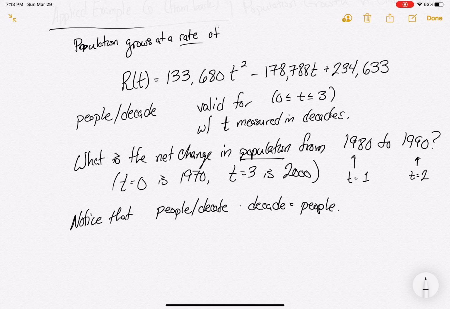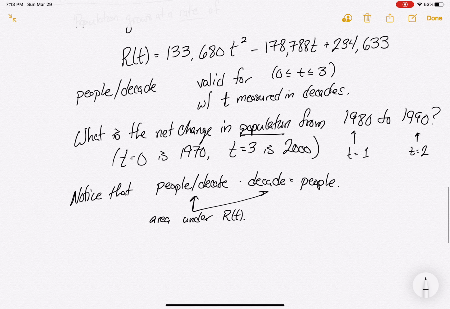This is really us calculating the area under R of t. Or in other words, we're just supposed to interpret this as the definite integral from 1 to 2 of R.